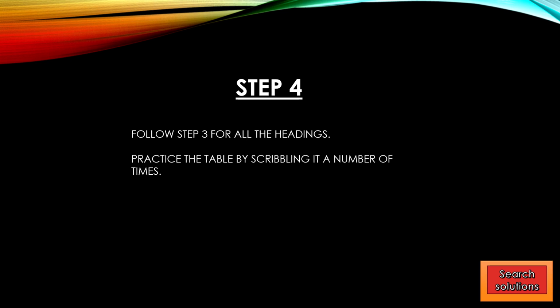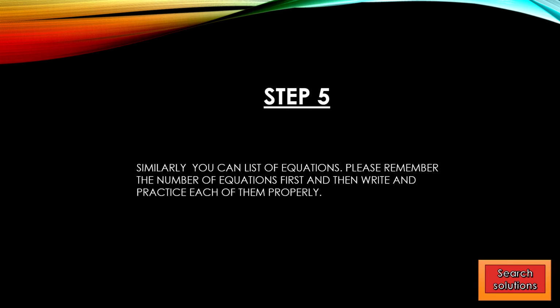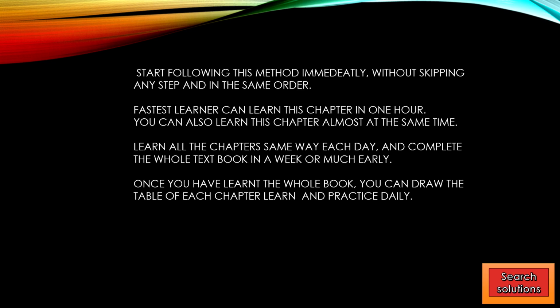Practice the table by scribbling it a number of times on rough paper. Similarly, you can list equations. Please remember the number of equations first and then write and practice each of them properly. Start following this method immediately without skipping any steps and in the same order.